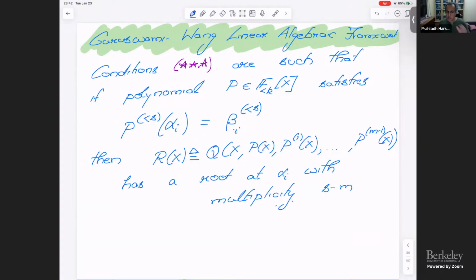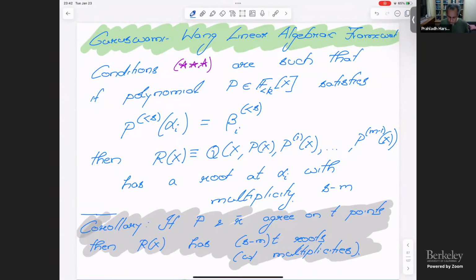And why is such a condition useful? Suppose P was a polynomial such that P and the received word agreed not just at this point alpha_i, but at t such points. That would mean that this polynomial R(x) has (s minus m) times t roots, counting with multiplicity. For each of the t points of agreement, it has a root with multiplicity s minus m.